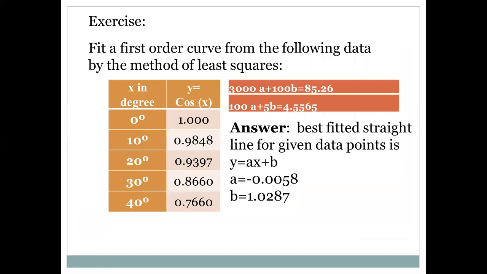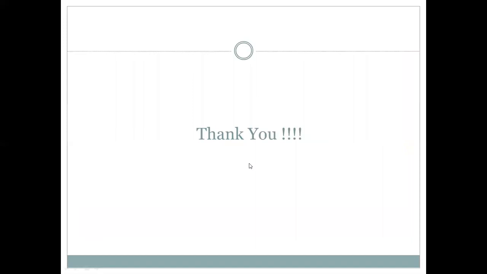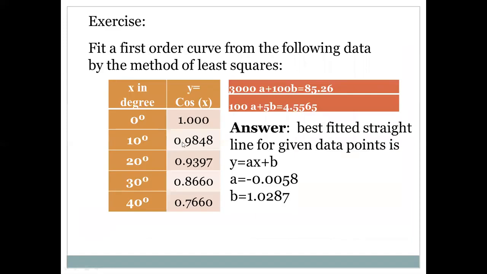So you solve this problem, calculate the values of sum of x, sum of y, sum of xi yi, and sum of xi square, and you will get these two equations: 3000a plus 100b equal to 85.26 and 100a plus 5b equal to 4.5565. So after solving these two equations, you will get a value as minus 0.0058 and b equal to 1.0287.